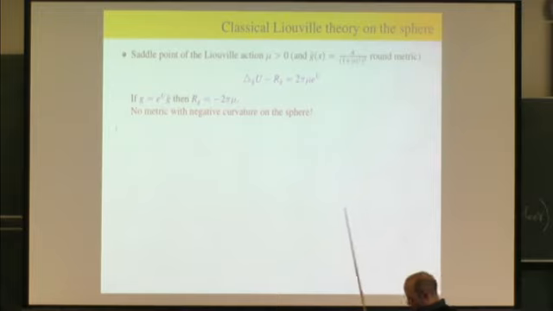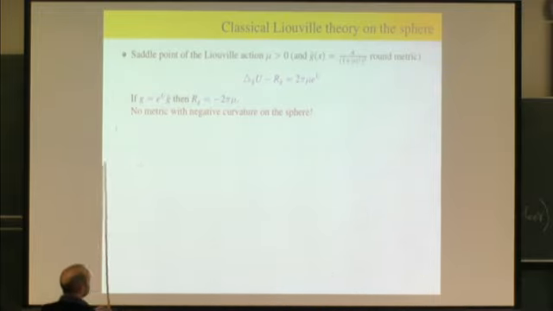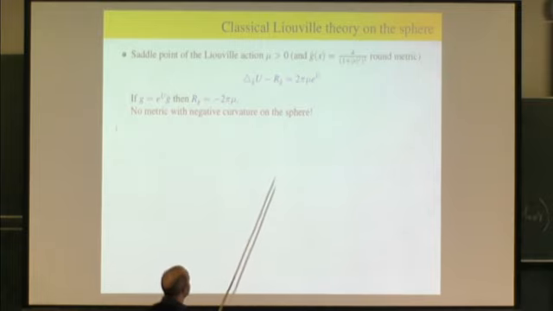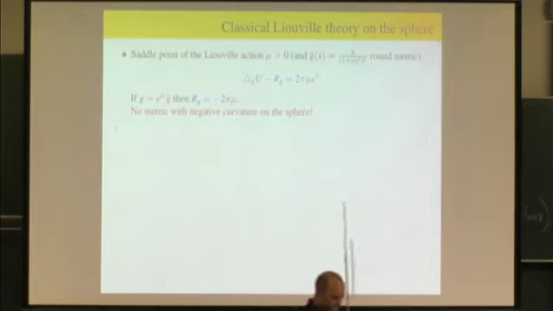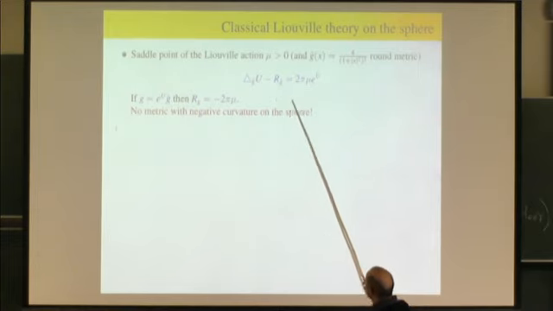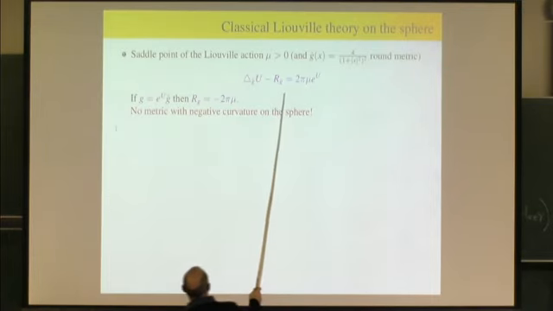So now I'm going more or less to the definition, but before I give the definition, it's nice to have an intuition of what should happen, with a word on the classical Liouville theory. So recall the uniformizing theorem on the sphere. You are now on the sphere.